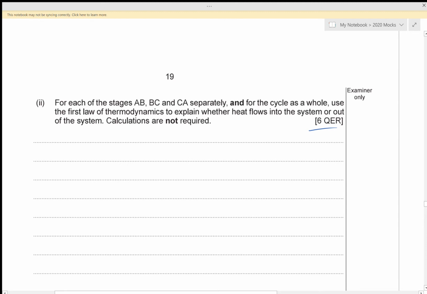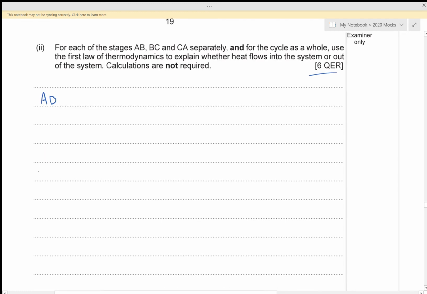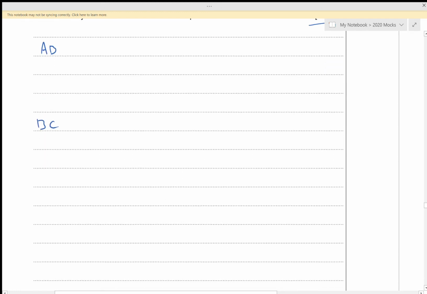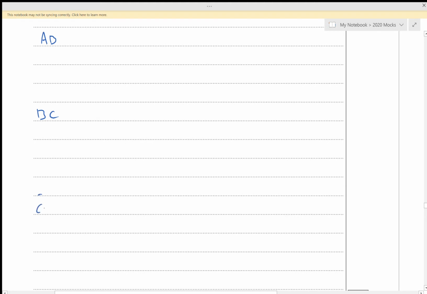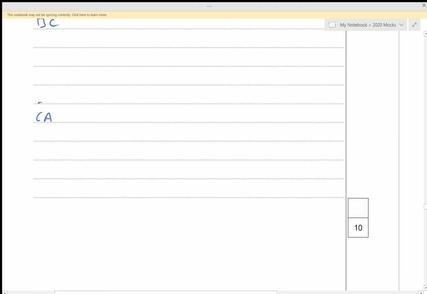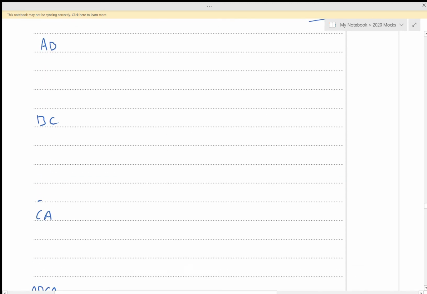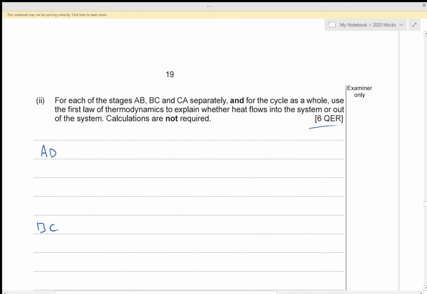Answering a question like this, I would be massively tempted to just label up at the side here AB, BC, CA, and ABCA, the whole cycle, and just basically address these absolutely individually.